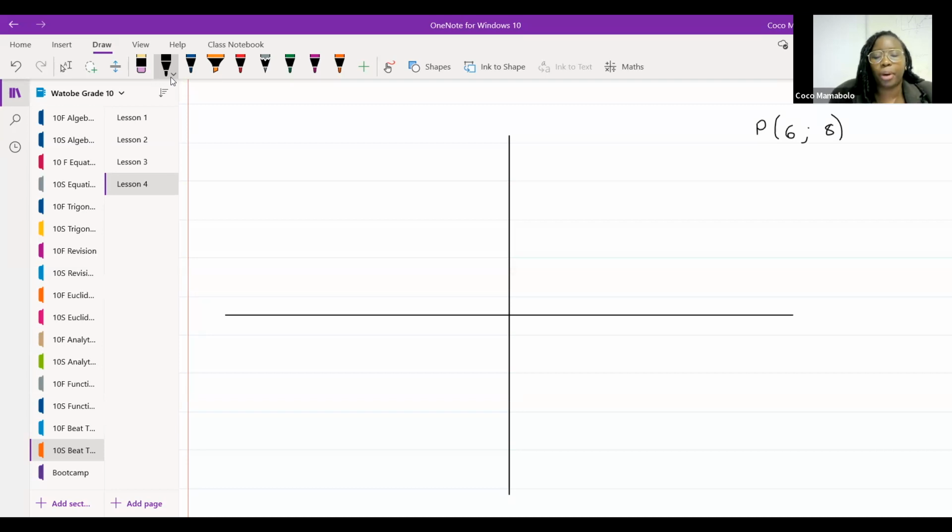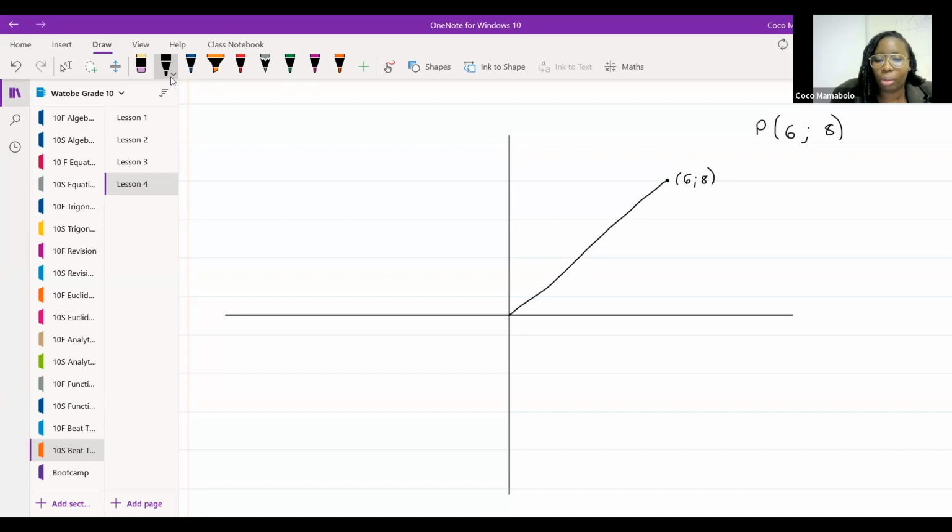Right. Point P is 6 and 8. So if I draw 6 and 8 over here, I can draw that over there. And from here to there, I can draw a line.